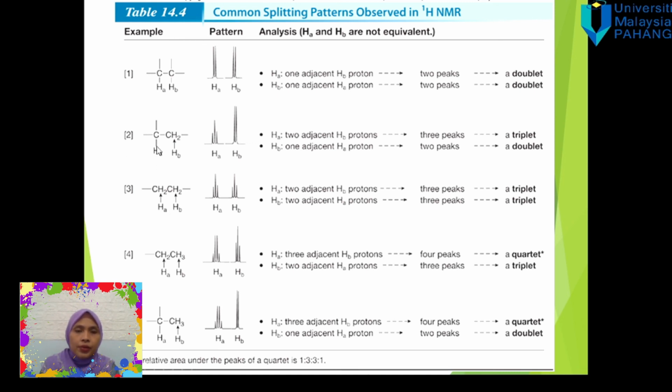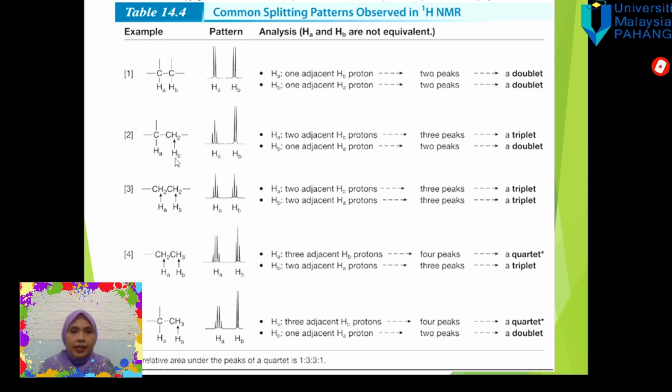And for this case, for the signal HA, how can we know? We can see the neighboring protons are 2, so use the rule 2 plus 1, and the signal HA is a triplet. 2 plus 1 is 3, so the HA signal is a triplet. And for HB, we must see the neighboring protons. We cannot count the proton itself. If we want to determine, we have to see the neighboring protons.